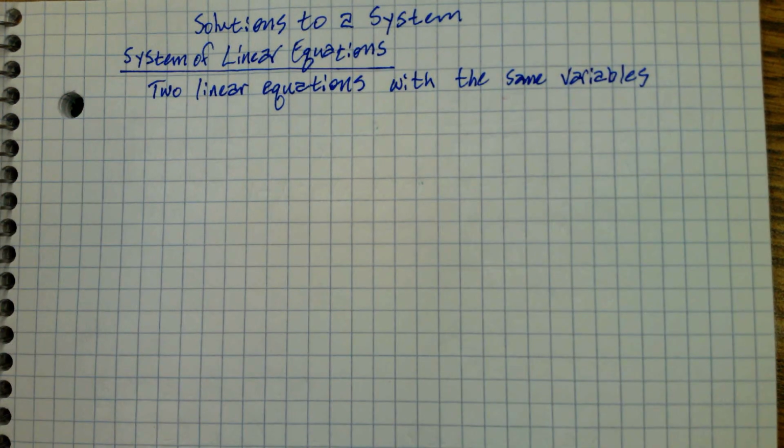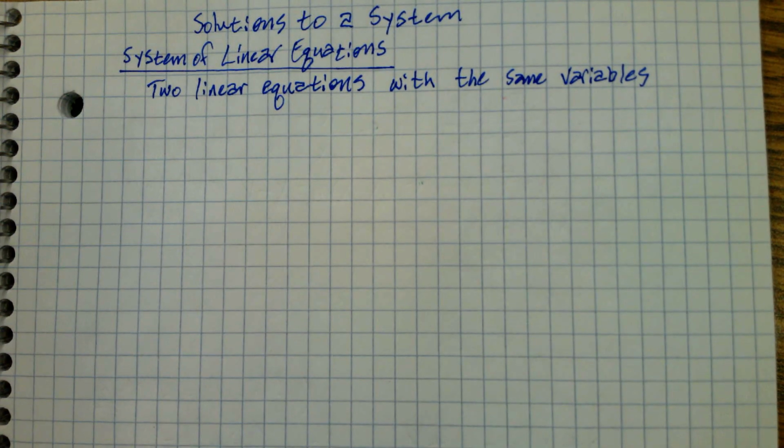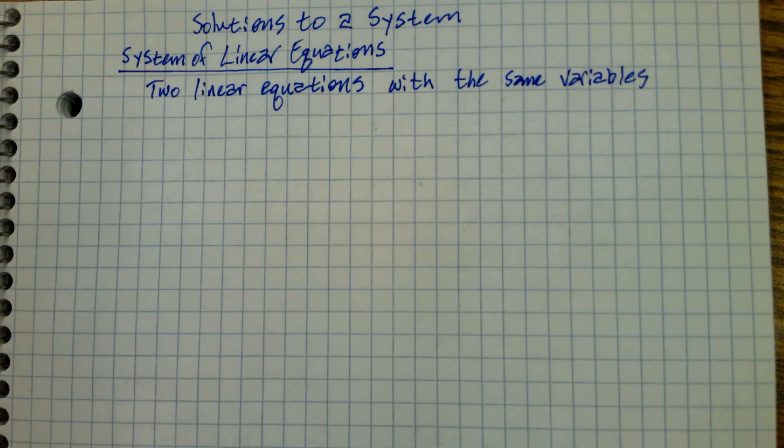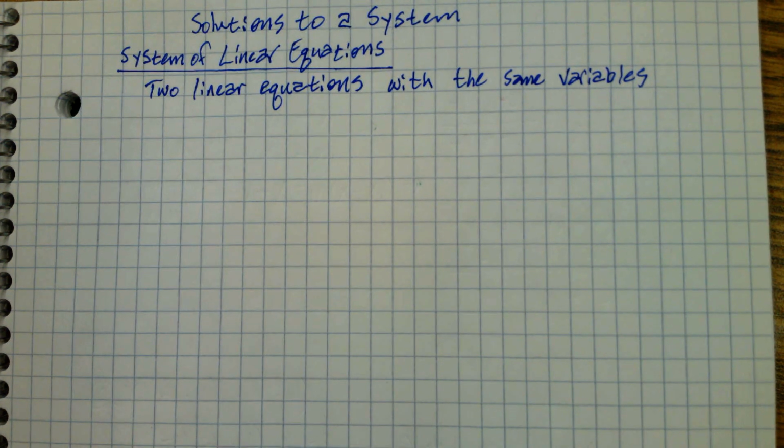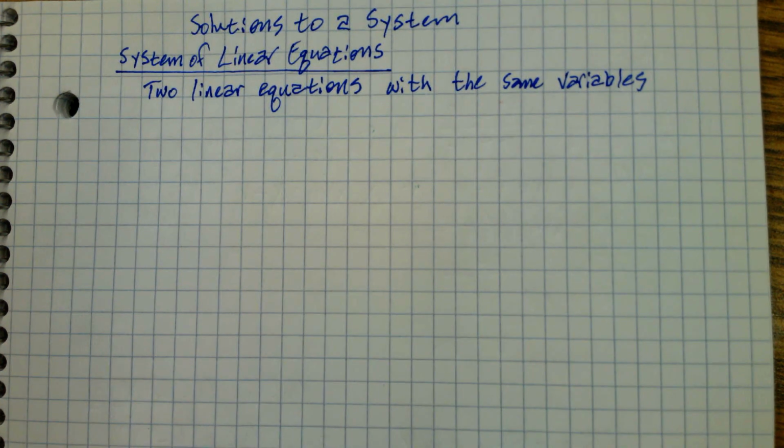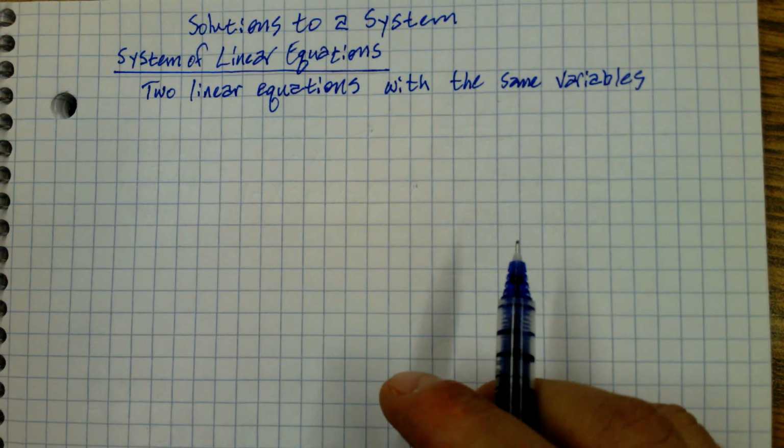Okay, and that'll work next year for you also when you review this again or revisit it in Algebra 1. So two linear equations with the same variables, usually going to be x and y, but it doesn't have to be.